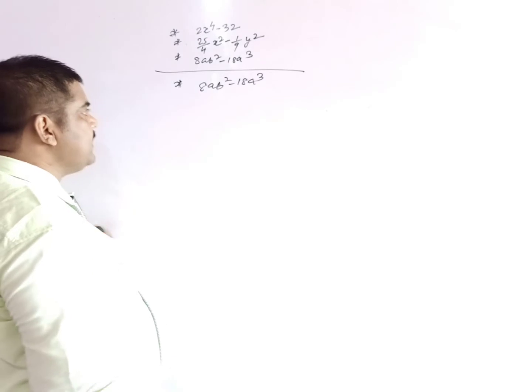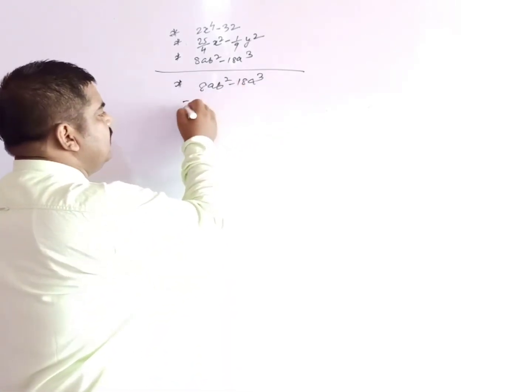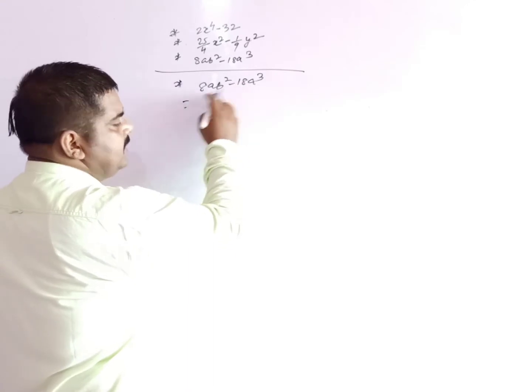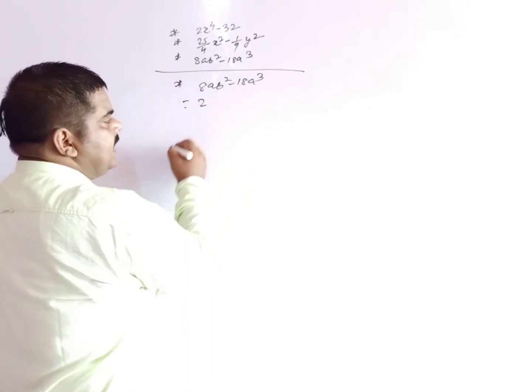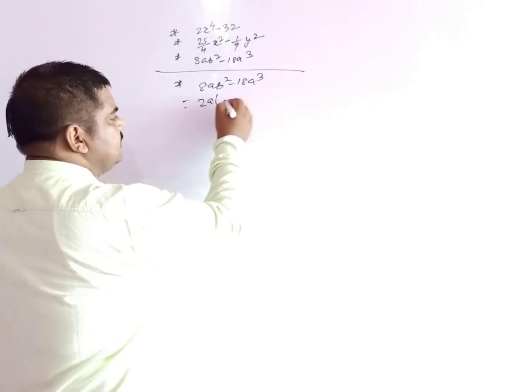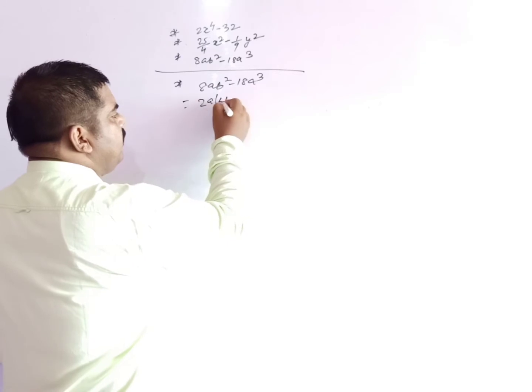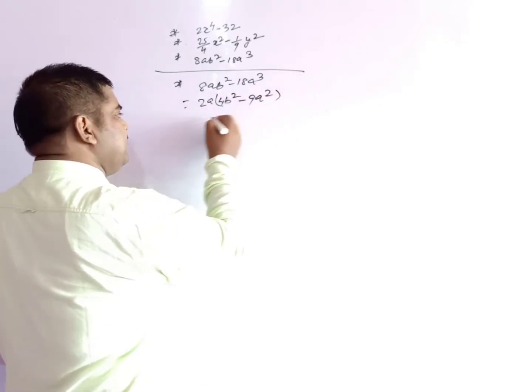Regarding this question, you can see that 8ab square minus 18a cube, and what is common in these two? You know very well that 2 can be taken as common, and also a can be taken. So 4b squared minus 9a squared can be written.